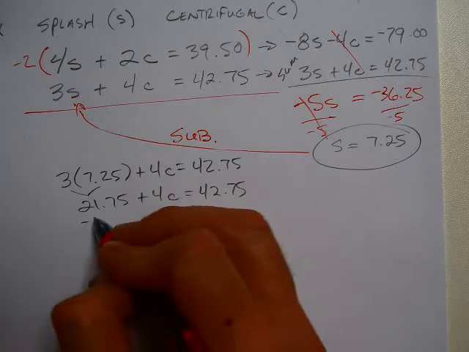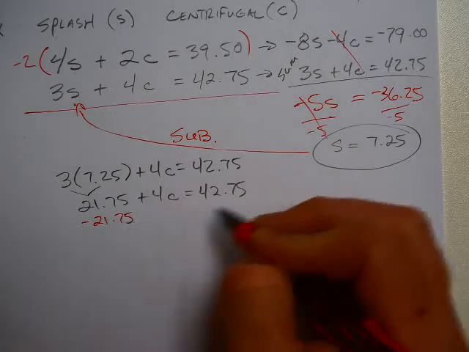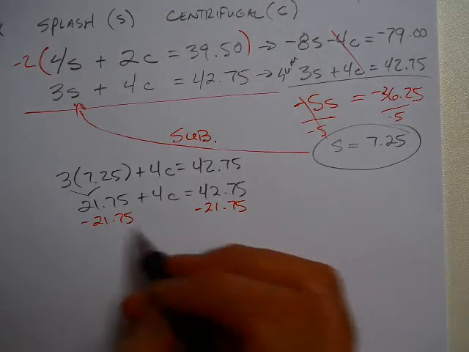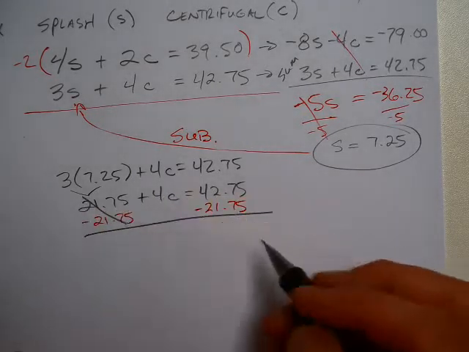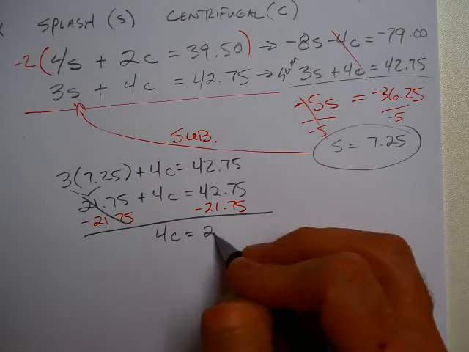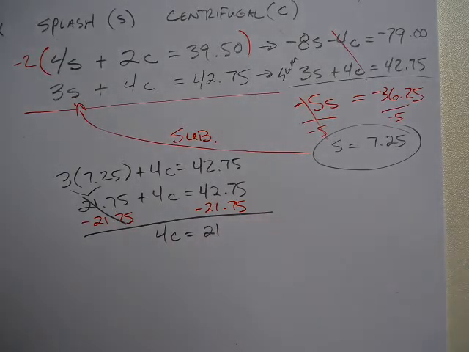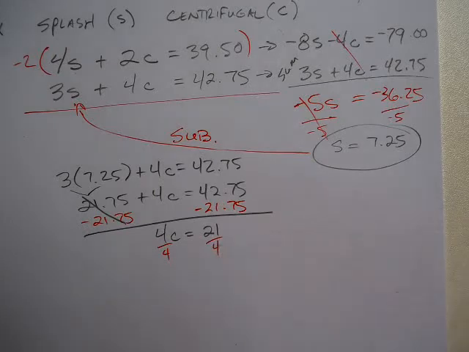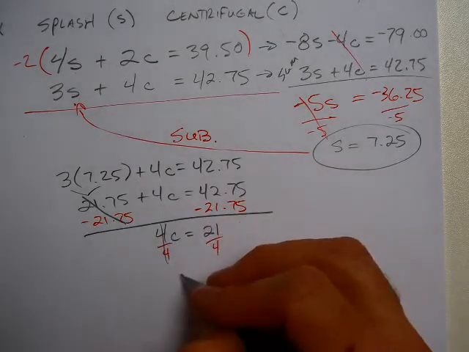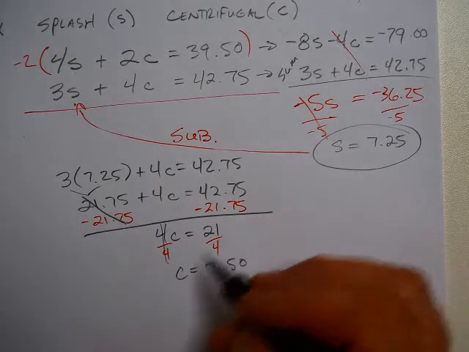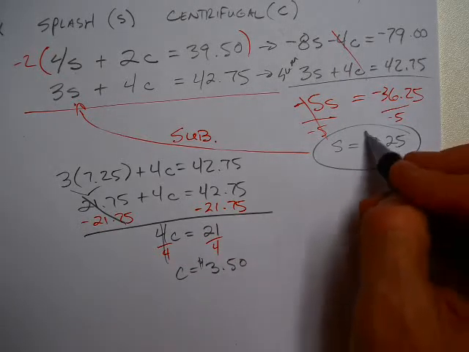And now I'm going to subtract the 21.75 from both sides. And I'm going to get 4c equals 21. Right, 21 bucks. And so the last step would be to divide by 4. That should be $3.50. So these are both in terms of money.